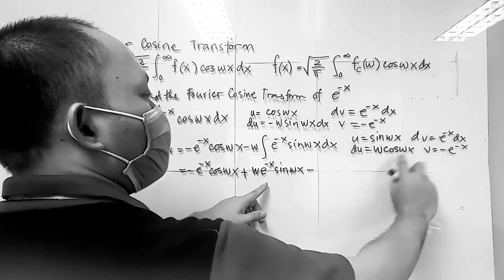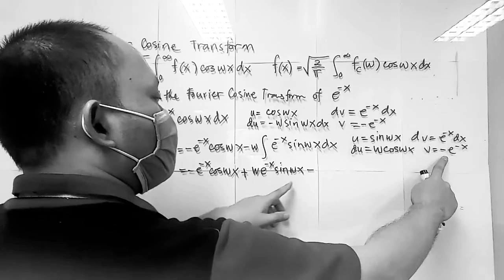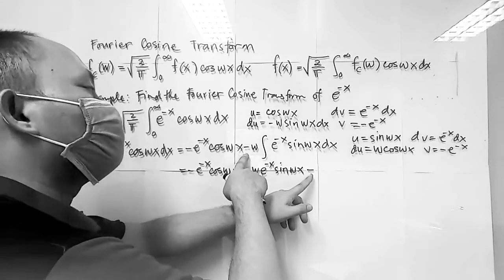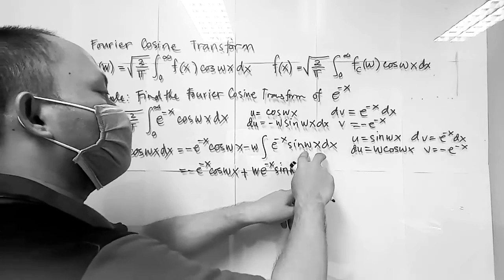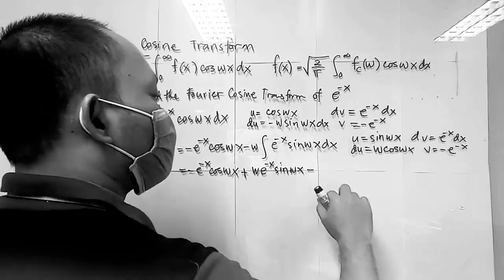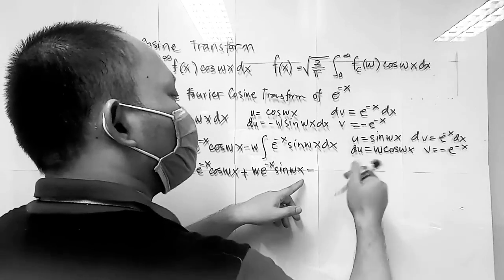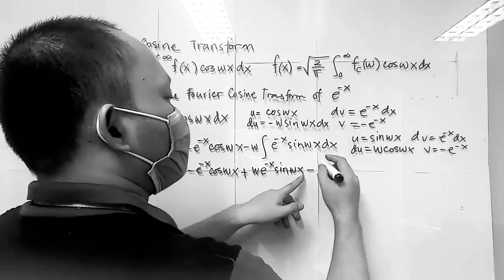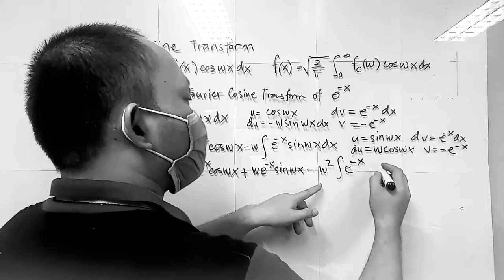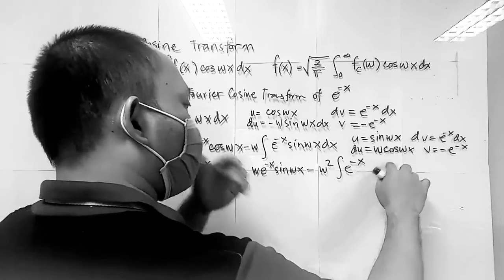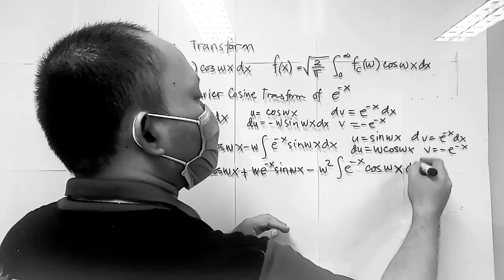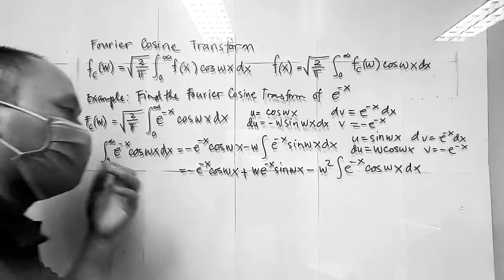Minus negative is positive, but we have negative because we have to distribute this. So w times w is w squared, and the integral of e negative x cosine wx dx. We have dx for this case.